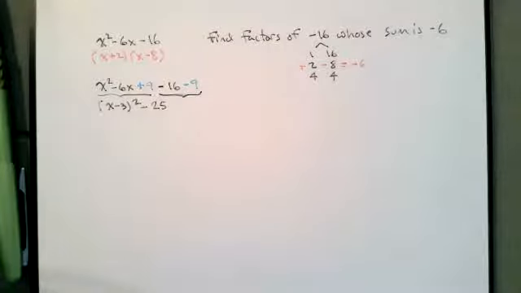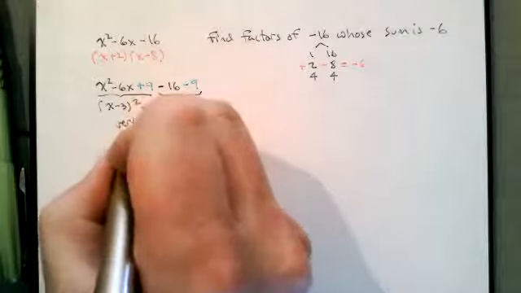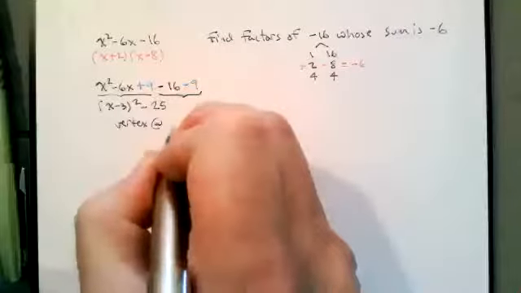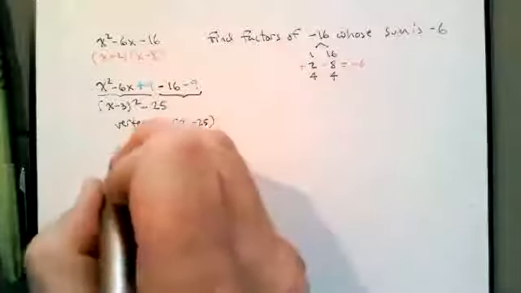This tells us a few things. I've got a vertex at (3, negative 25), and the parabola opens up.